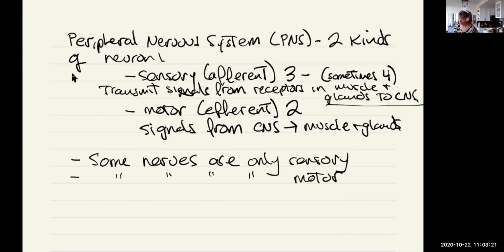But some nerves are mixed. They have both sensory and motor neurons within them. Some purely sensory nerves, for example, the optic nerve is purely sensory.